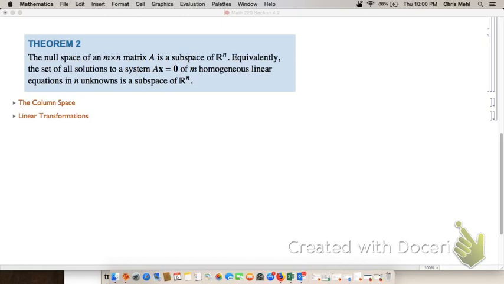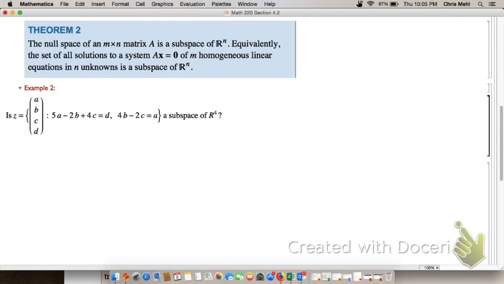Equivalently, you could also phrase this as the set of all solutions to a system AX equals 0 of m homogeneous linear equations, so you'd have m rows in the matrix, and n unknowns, that tells you n columns in the matrix, forms a subspace of Rn.